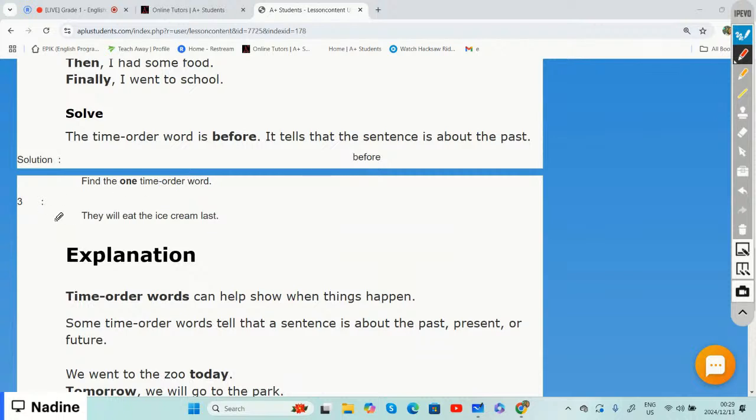And if we were to identify one time order word, then we can say last is our time order word.